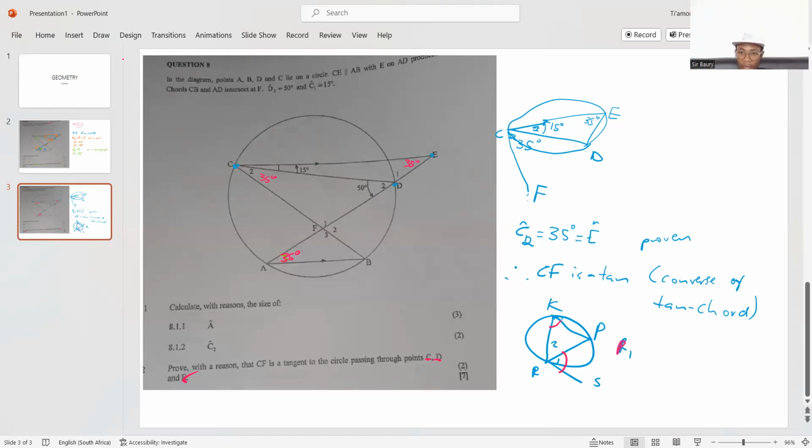So angle R1 is going to be equal to angle K. What's the reason? Tan chord. So the reverse would be proving that RS is a tangent. You need to show that this angle is the same as this angle, of which we showed here. C2 is equal to E. That is why we can conclude that CF is a tangent.